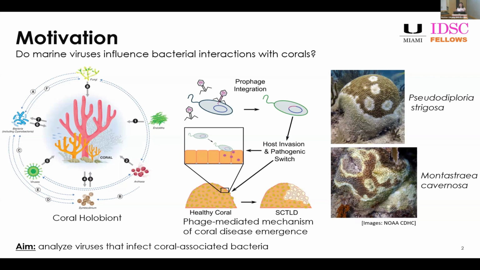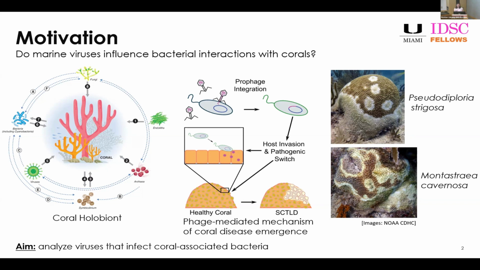We know in other systems that viruses can be involved in pathogenicity and the emergence of disease, such as in the case of cholera, where the actual toxin is encoded inside the virus, which we call a bacteriophage, that infects bacteria, and then it results in the disease for us humans.